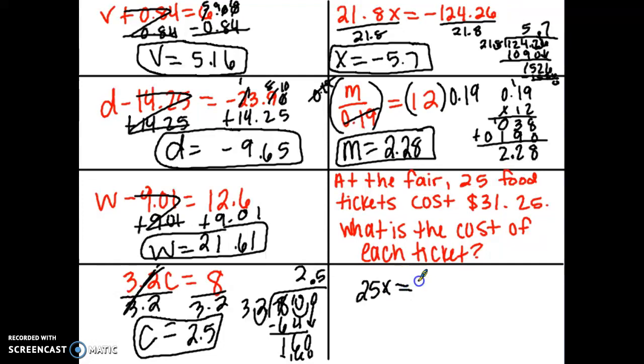And I've spent a total. Anytime you have a total, that's most likely going to be what you're equal to. So when I have 25x equals 31 and 25 hundredths, I'm going to divide by 25 on both sides. The bottom number goes outside the house.